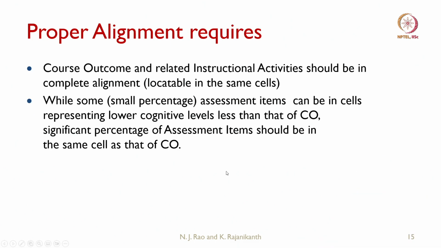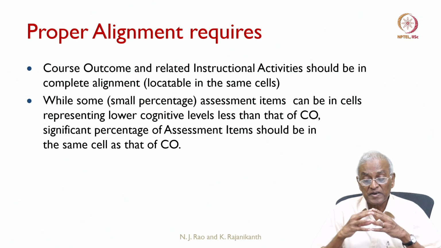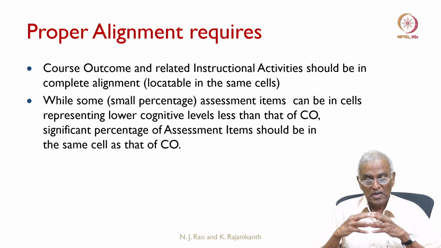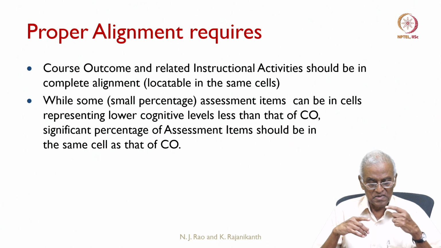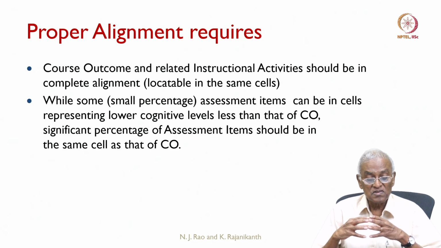So course outcomes and related instructional activities should be in complete alignment. While some small percentage of assessment items can be in cells representing lower cognitive levels, less than that of a CO, a significant percentage of assessment items should be in the same cell as that of the CO. If apply is the goal, let's say more than 50% of the weightage of assessment items should belong to apply.